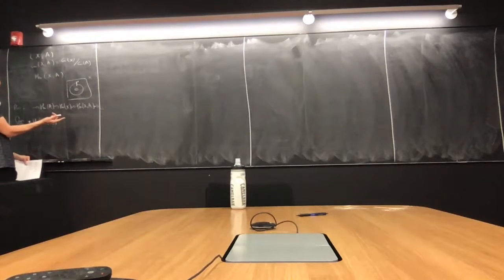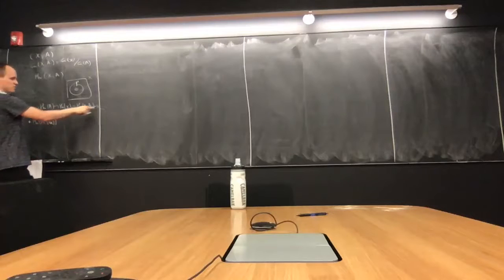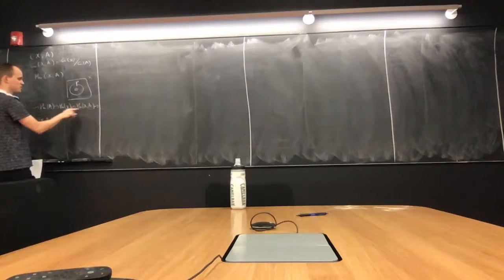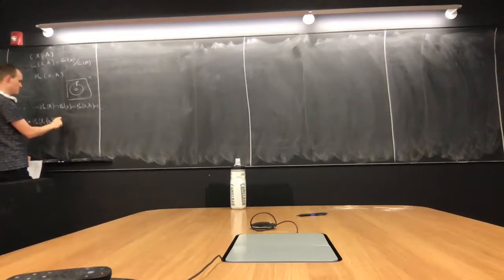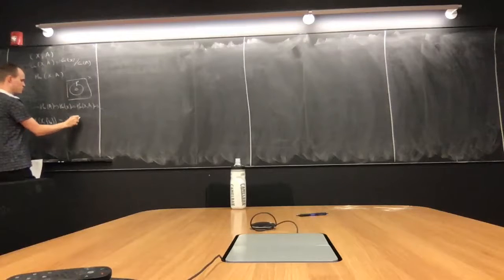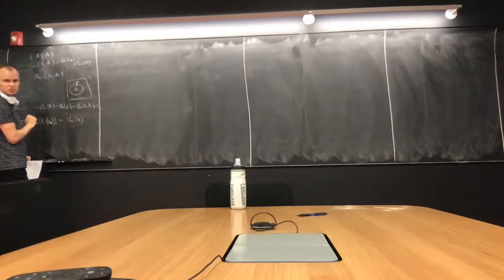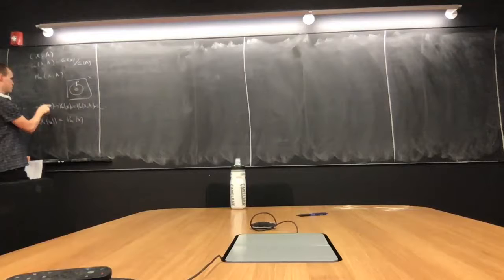Well, the most useful, powerful computation tool is this exact sequence that we have. If A is just a point, then we know what Hn of a point is. It's 0 for all positive n. So if this is 0 and the one over here is 0, then this is isomorphic to this. So this is basically equal to Hn of X, except for n equals 0, where Hn of A becomes the Z, so you have to be careful.